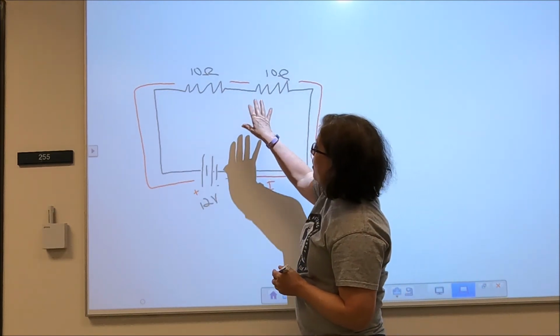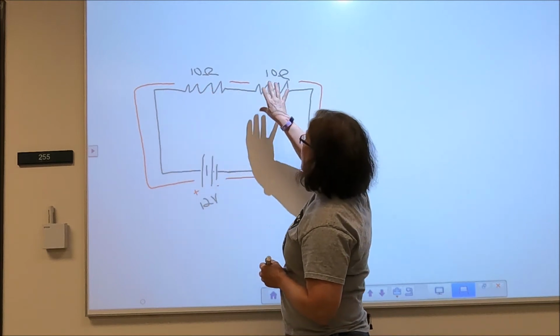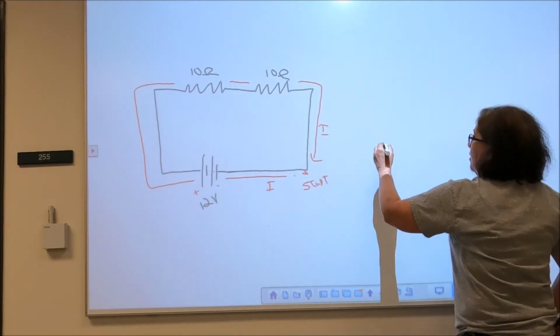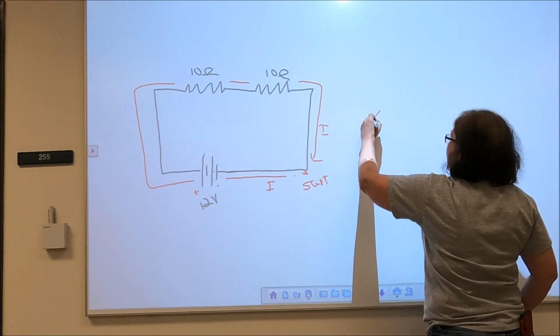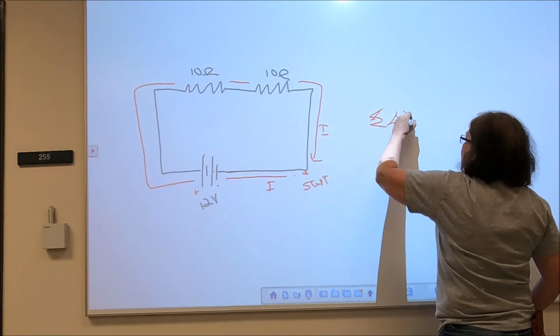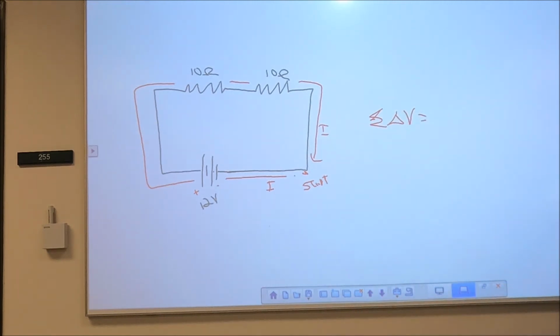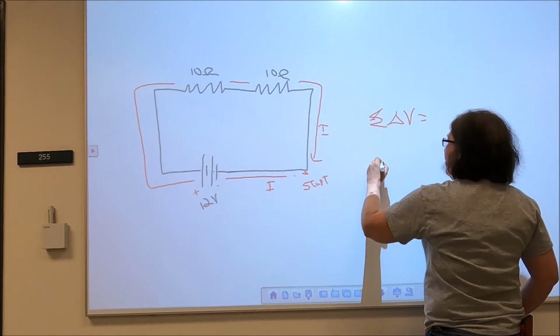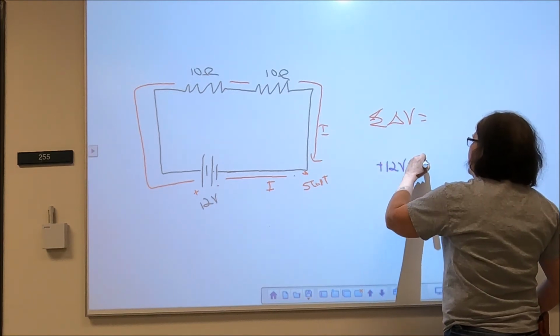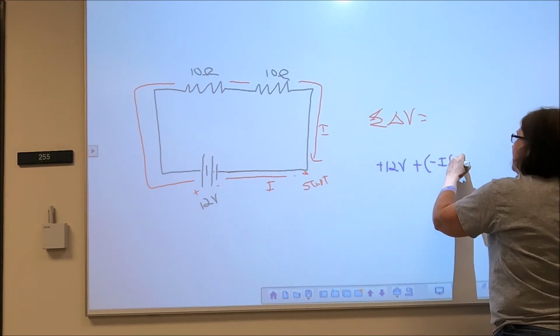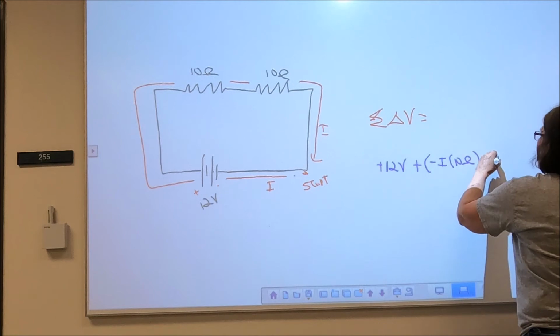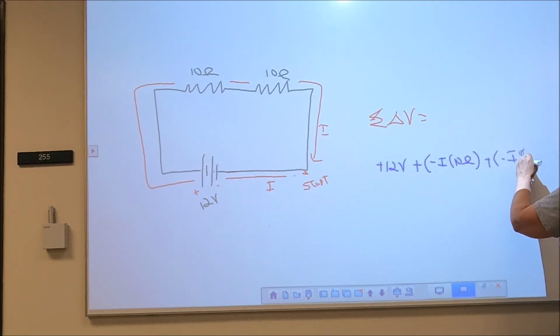So I have 3 components in this circuit, the 12 volt battery and then 2 10 ohm resistors. So if I start looking at the sum of the voltages, I'm going to have plus 12 volts plus a minus I times 10 ohms plus a minus I times 10 ohms, and that all has to add up to be 0.